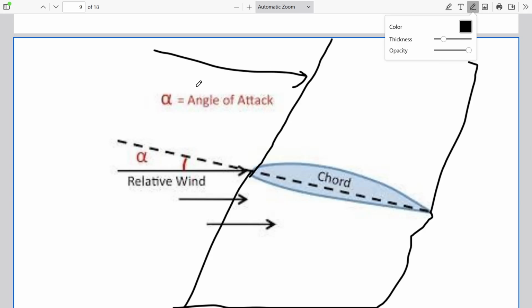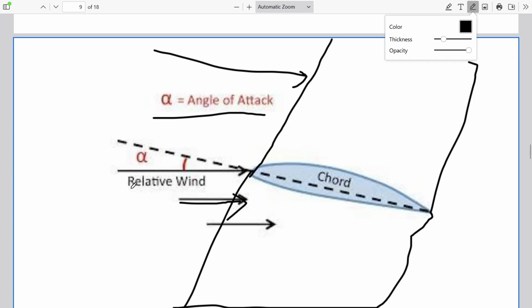As we know from the previous video, there is a difference in pressure on the upper side and the lower side of the wing, and also the air particles hit the wing, and because of that lift is generated. But for now, let's look at what angle of attack is. This is the direction of your velocity, the relative wind, because the aircraft is moving so fast in a certain direction.